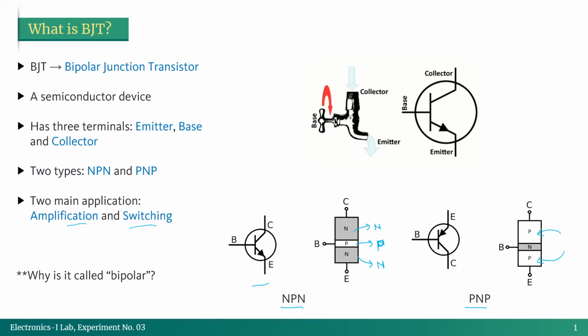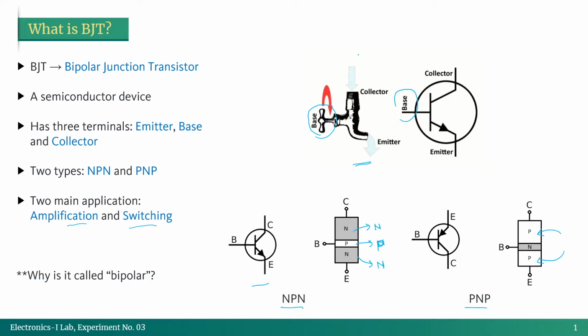And to understand how our BJT, or bipolar junction transistor, works, a simple analogy that can be given here is this one. You can see this water tap can be thought of as a transistor, right? This knob here, which controls the flow of water, can be thought of as our base.